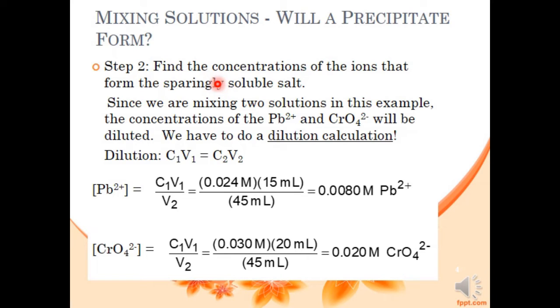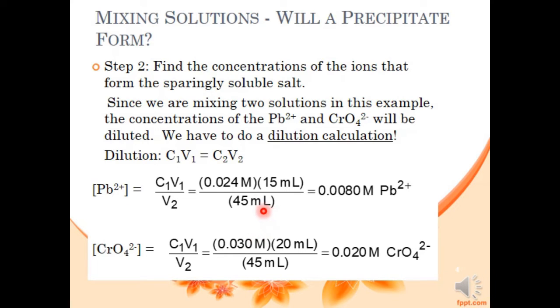The concentration will change. The lead aqueous solution will no longer be 0.024 molar, it's no longer this concentration. Chromate is also no longer this concentration. So we need to find the new concentration after mixing.